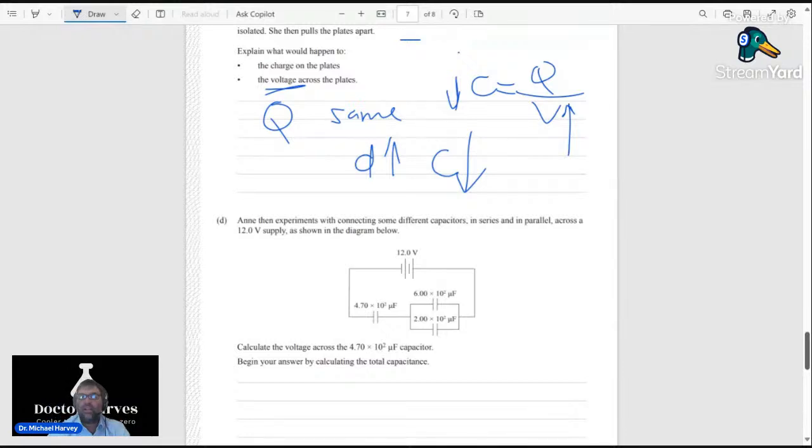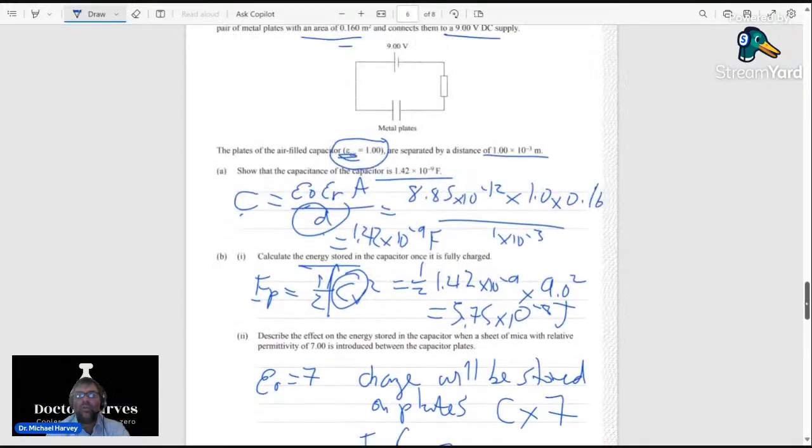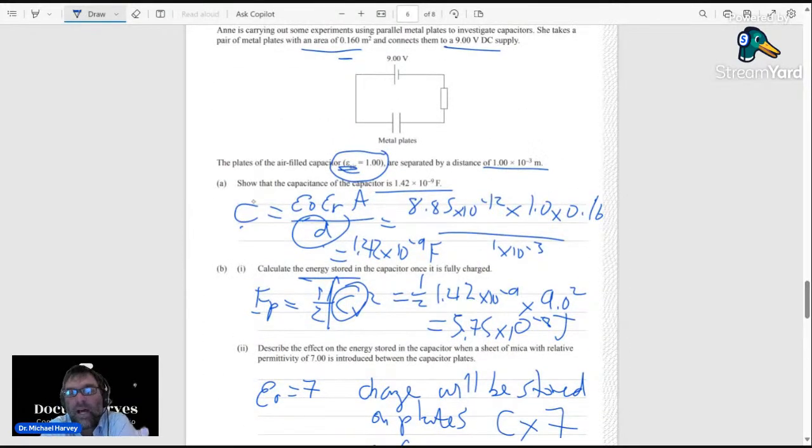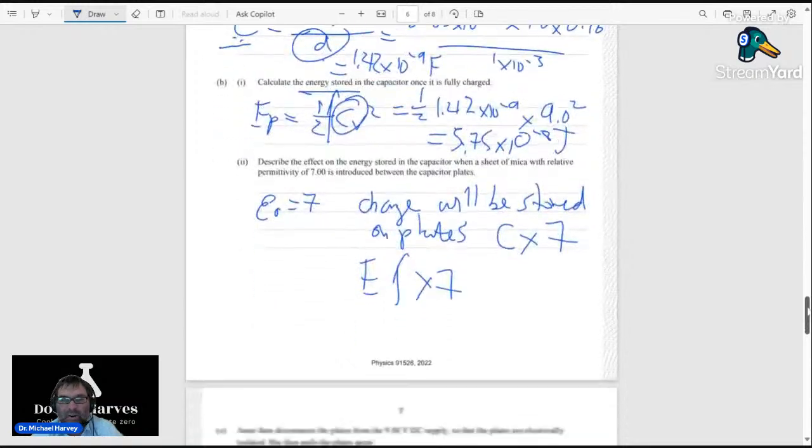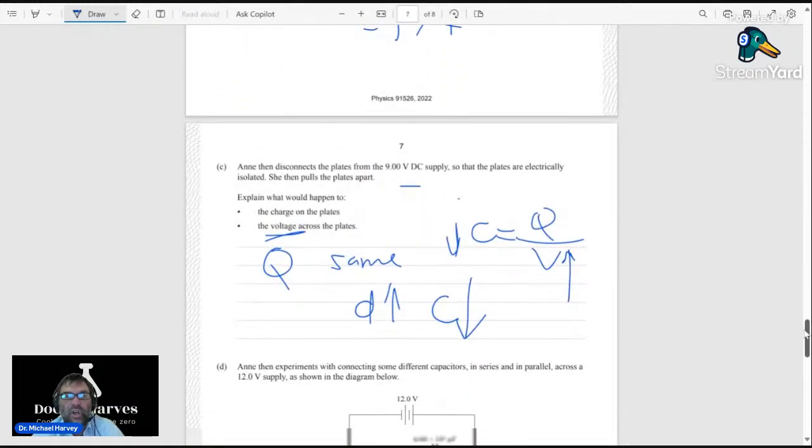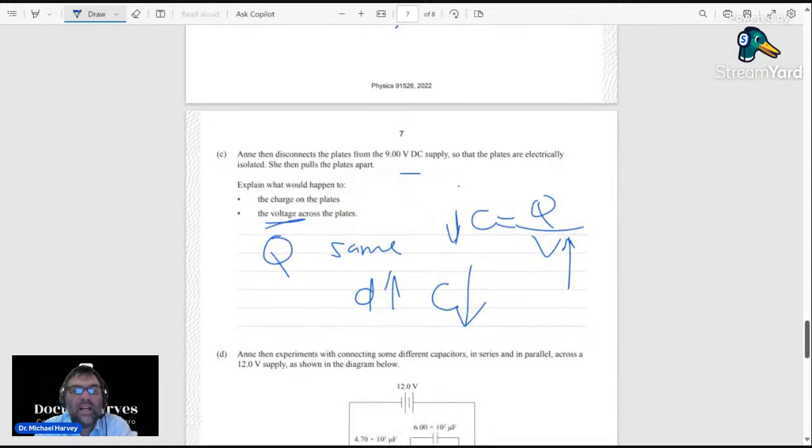So if you look at the equation that we've already got for part A, you can see that the capacitance is proportional. Okay, let's go through that again. Anne disconnects the plates from 7 volts, so the plates are electrically isolated.